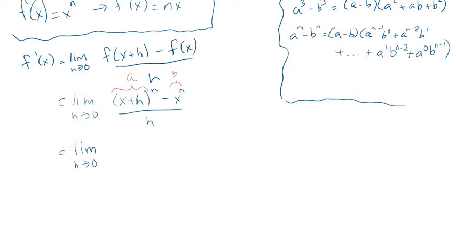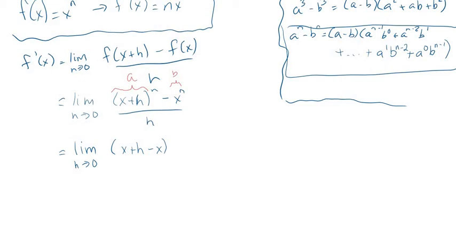So the first part of that general form, a to the n minus b to the n, was going to be a minus b, which in this case is x plus h minus x. And then we have that long bracket there.